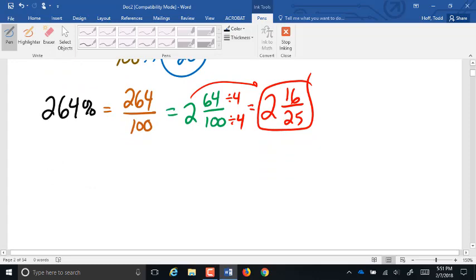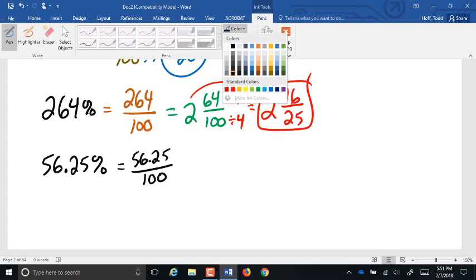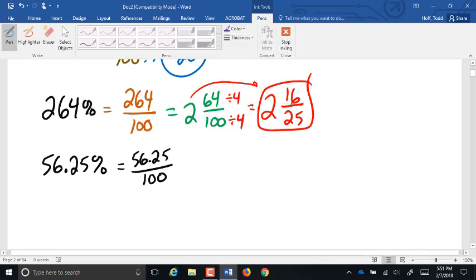I can run into something like this. 56.25%. Turn that into a fraction, just like any other percent, it's 56.25 over 100. Now, we don't like leaving decimals within our fractions, so we're going to get rid of it. The easiest way to get rid of a decimal is to multiply by 10 or 100 or 1,000, which just moves the decimal point over.